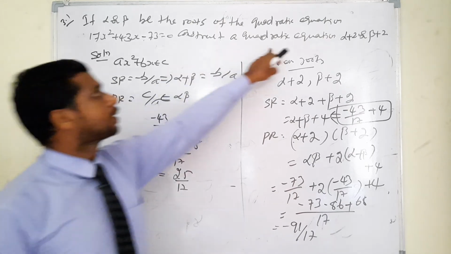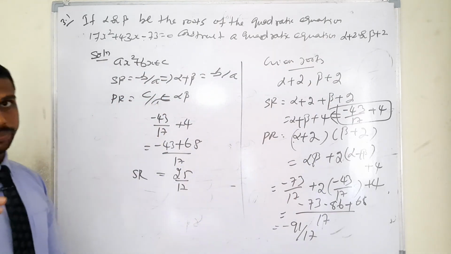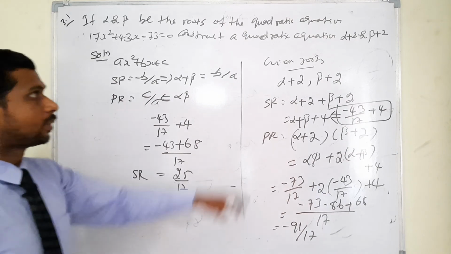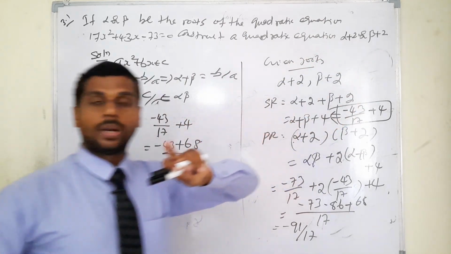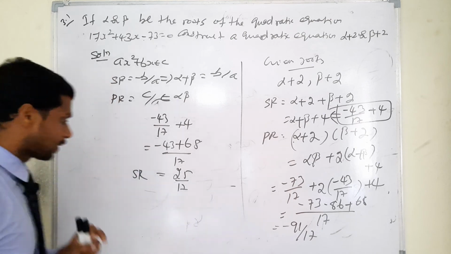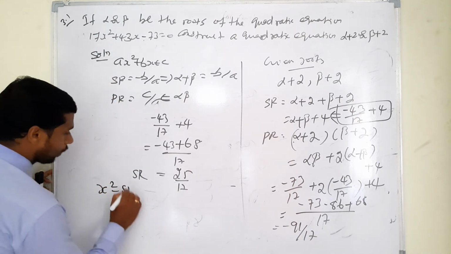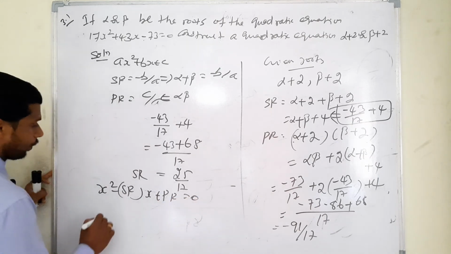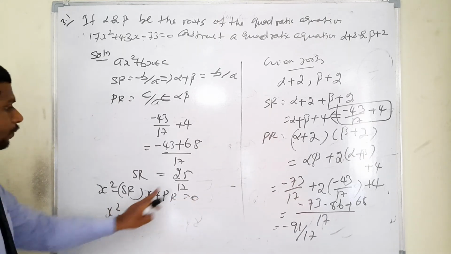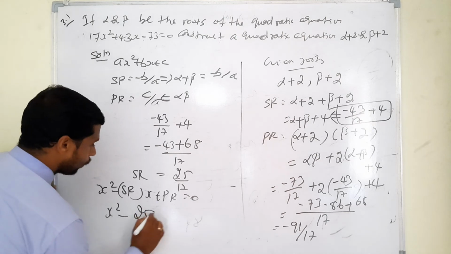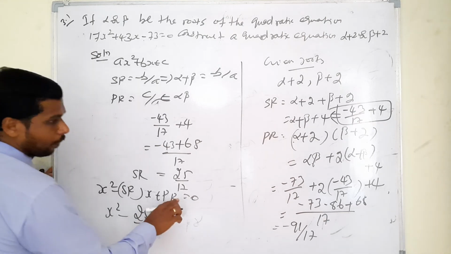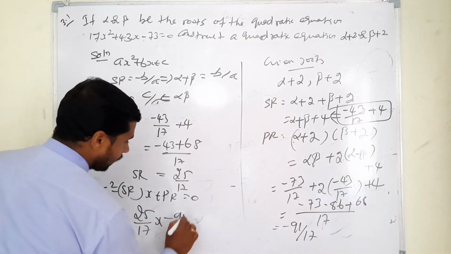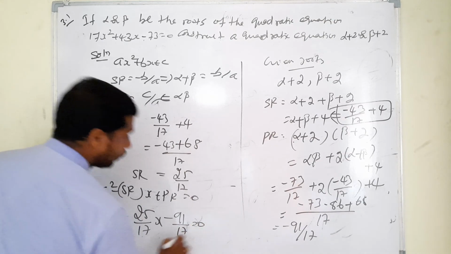So we need to construct a quadratic equation. Once we found the sum of the roots and product of the roots from the given roots, what is the main formula? x square minus sum of roots x plus product of the roots is equal to 0. Therefore, x square minus 25 by 17 x, product of the roots minus 91 by 17, is equal to 0.